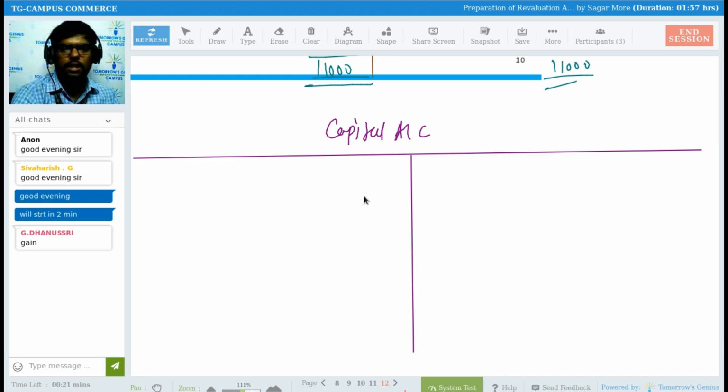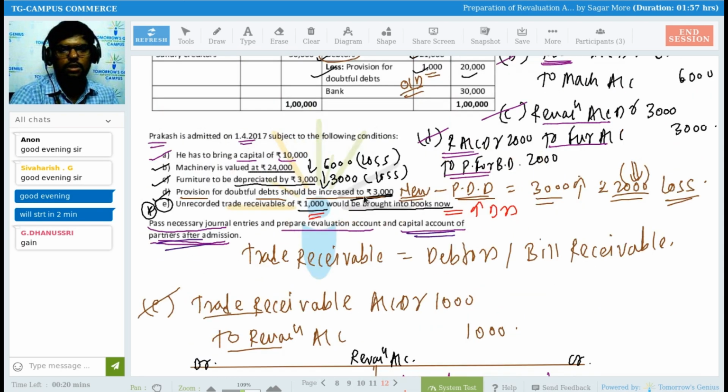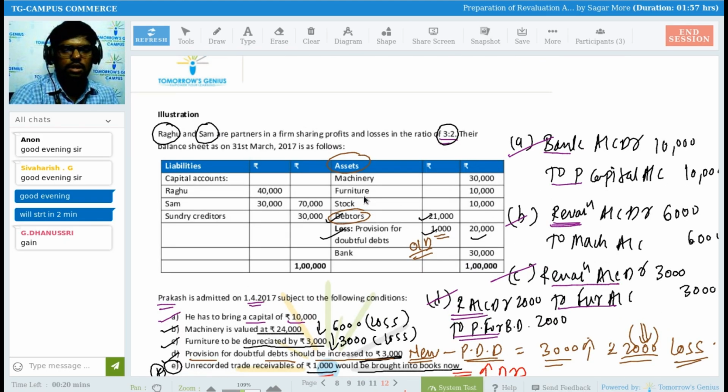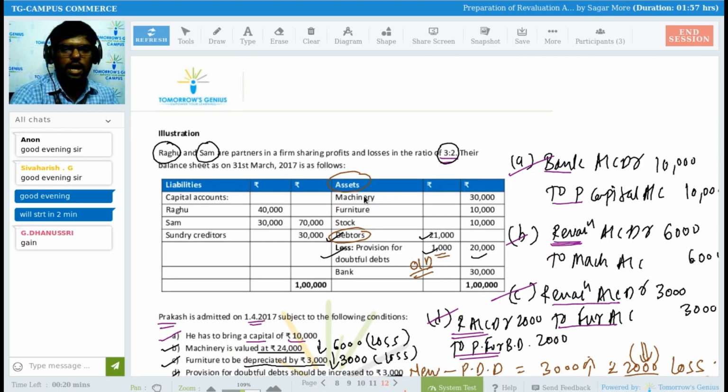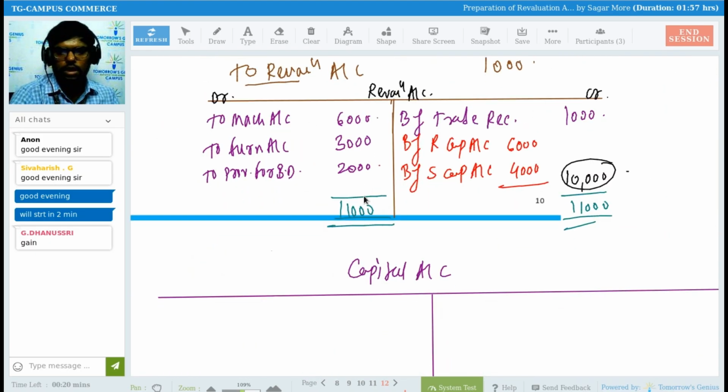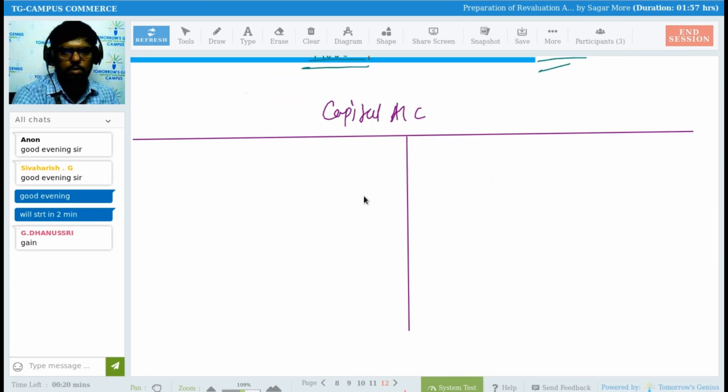I'm forgetting the names. What were the names of the partners? Raghu, Sam, and Prakash. The new partner is Prakash. So I can say R, S, and P. Okay, I'm writing R, S, P.